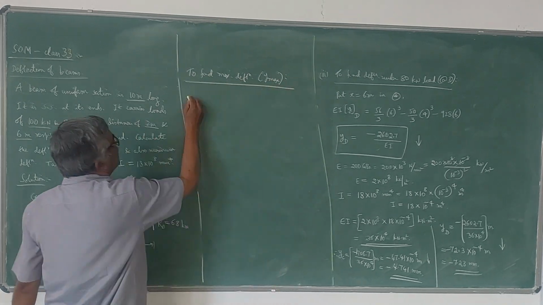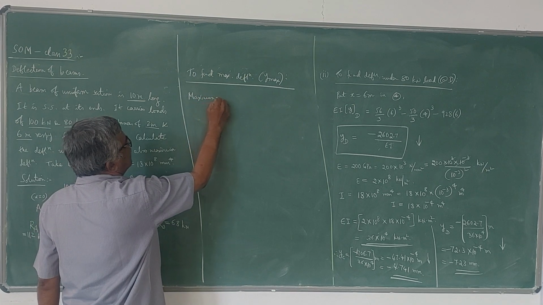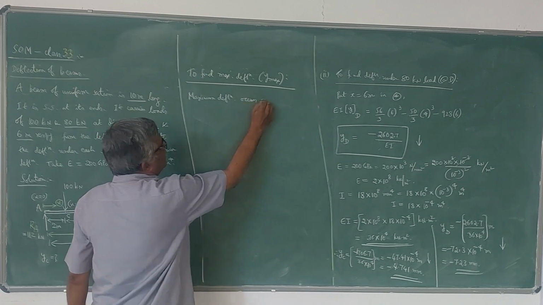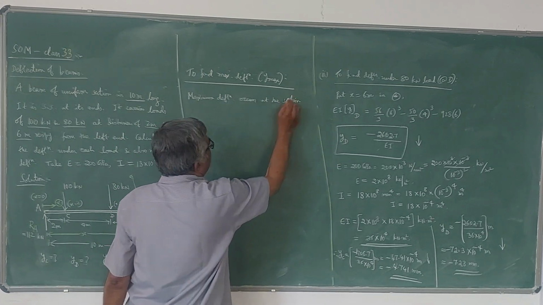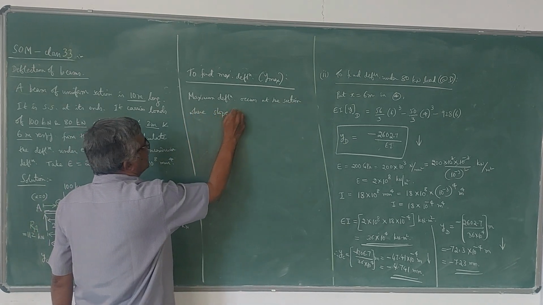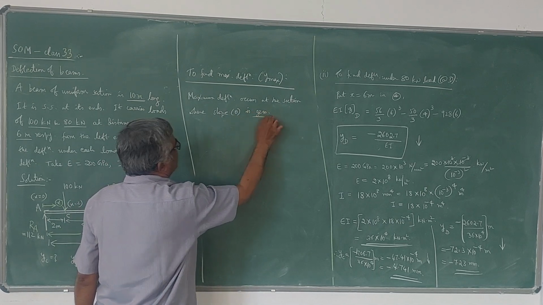According to the boundary condition, we can say that maximum deflection occurs at the section where slope, or rotation, theta, is 0. Very important.